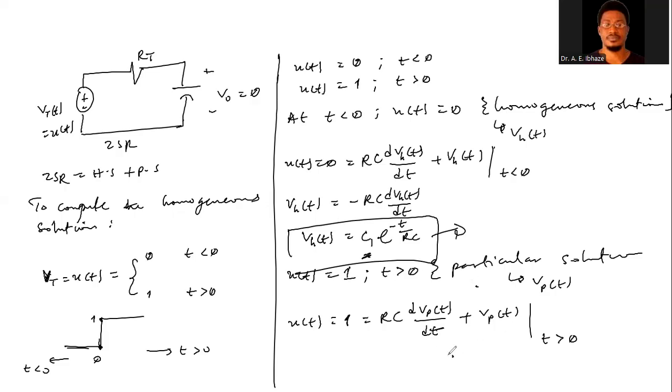And now we have to address this problem. In this case, we have a step function. So let's write this: U of t is equal to RC dVp of t for the particular solution over dt plus Vp of t. Now, for the step function, the output is constant after t equal to 0. So after t equal to 0, this output value is constant, it's 1.